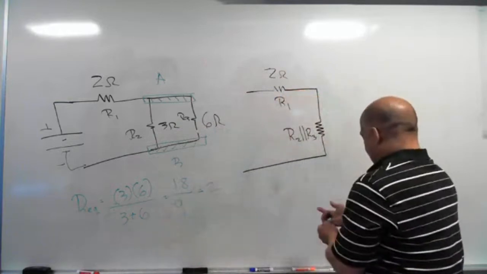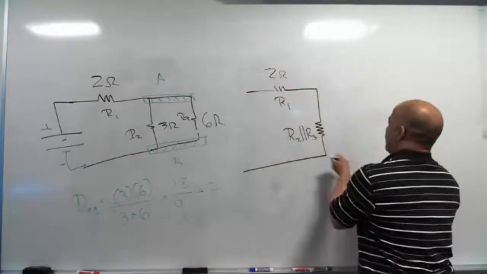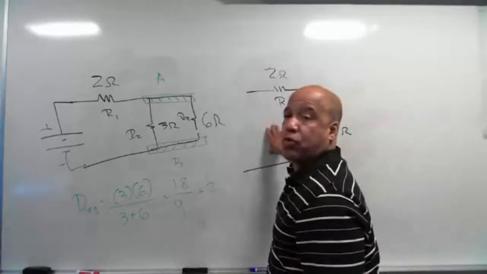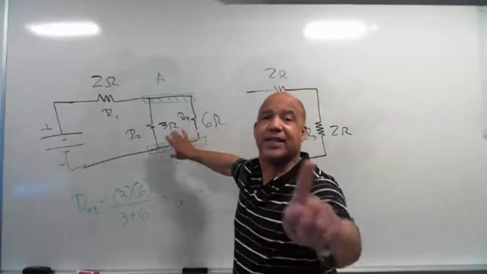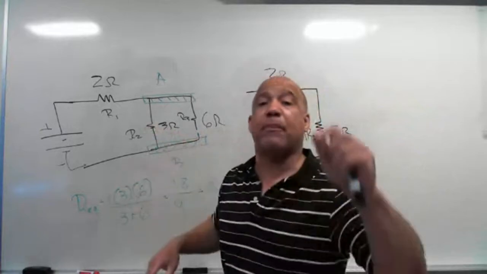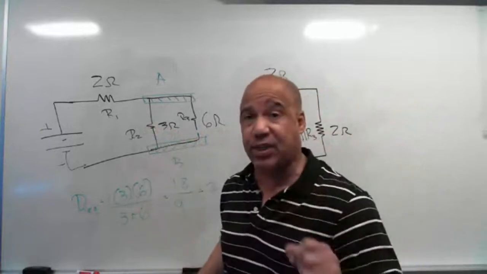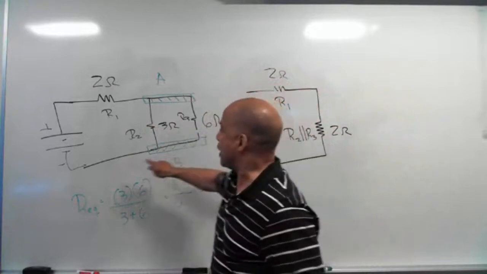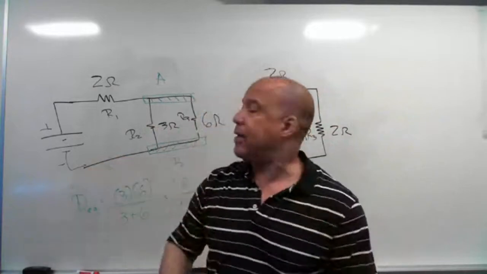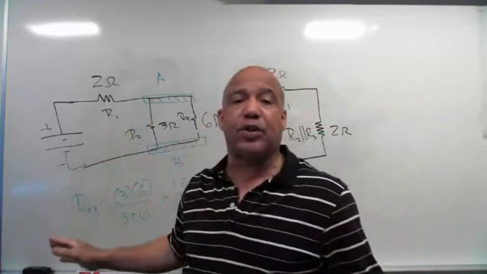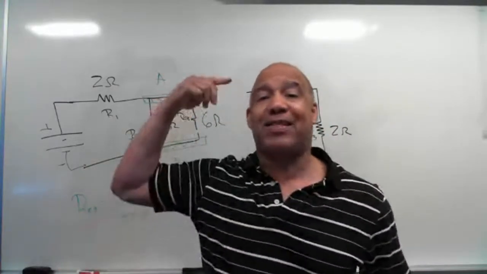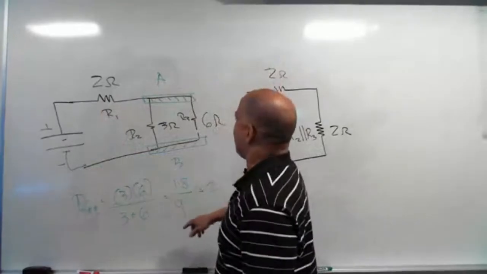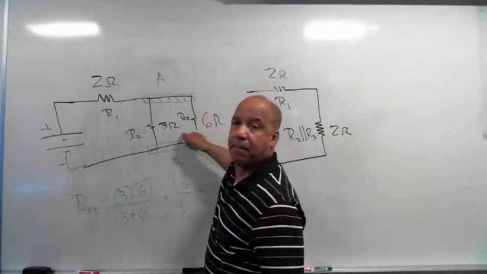So that 2, I'm going to write here. So here's the 2. So this is an equivalent circuit to this. Now listen. It's an equivalent circuit from the point of view of the battery. That's important. That battery doesn't know how many resistors are hooked up. If the battery could think, it can't tell if this is what's hooked up, or if this is what's hooked up.